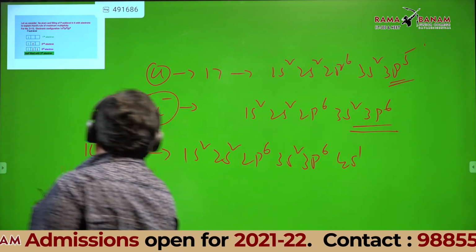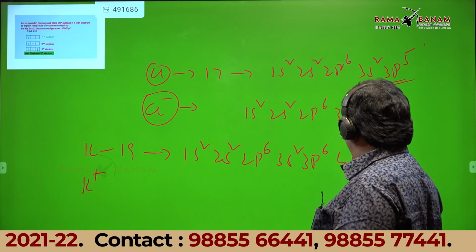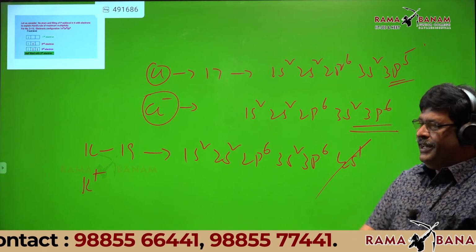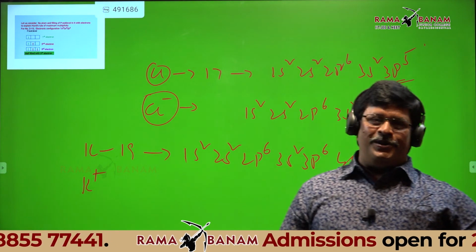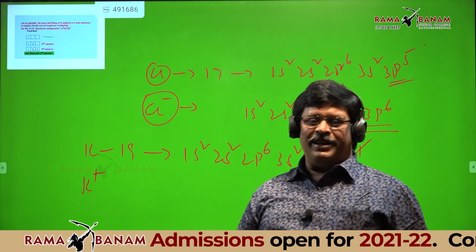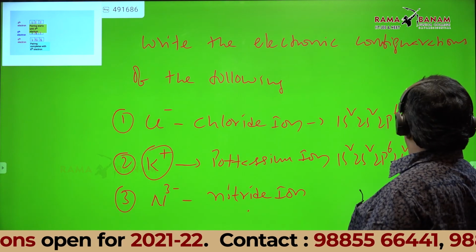Then K plus means it gains or loses one electron? Loses. Then how can it be 4s2? That's it. 3p6. So this is right.